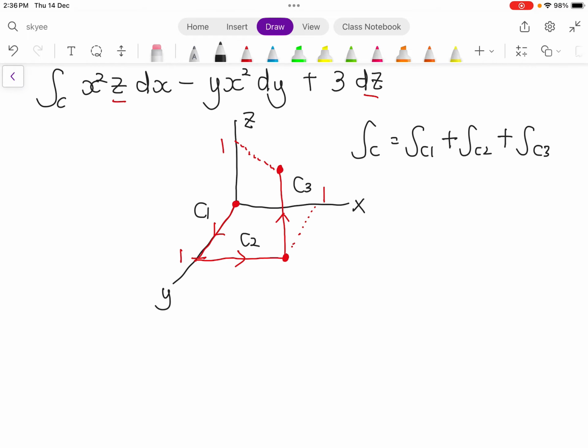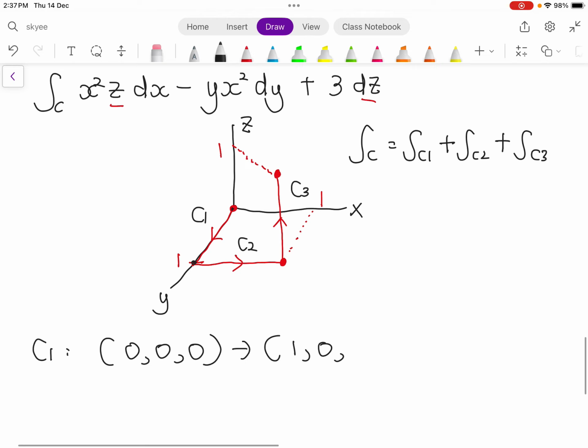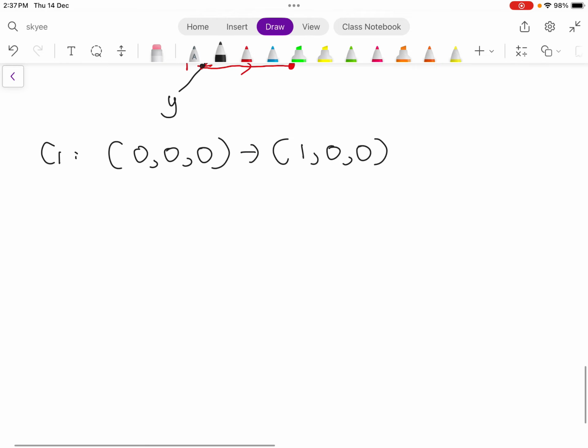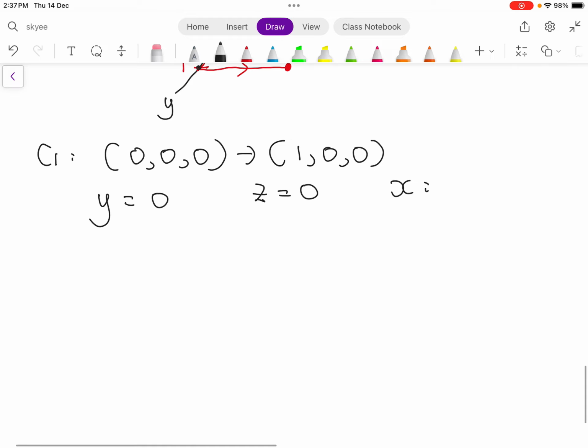We'll look at path C1. Path C1 is over here, from (0, 0, 0) to (1, 0, 0). When you compare, you will see that y is equal to 0, z is also equal to 0, and x is from 0 to 1.